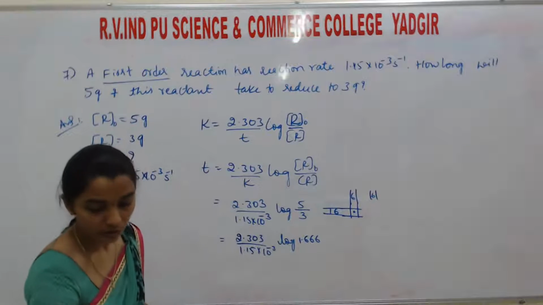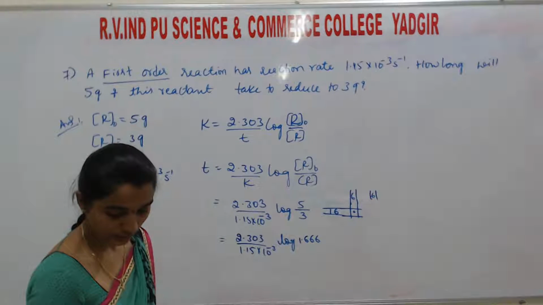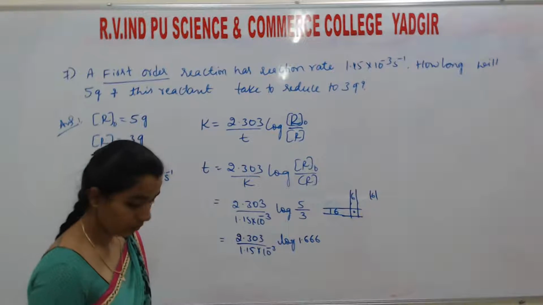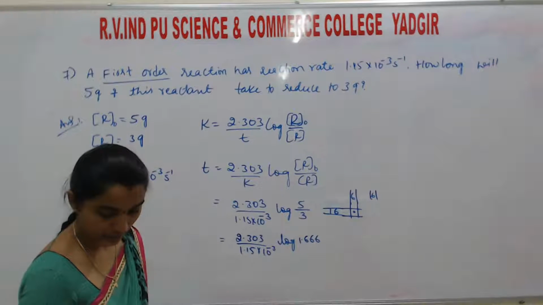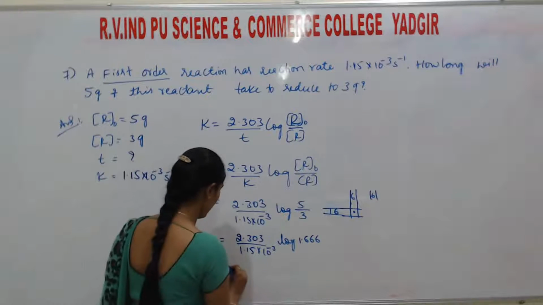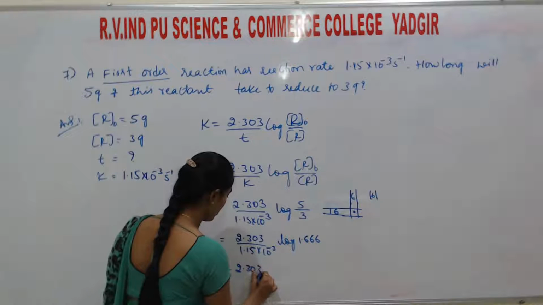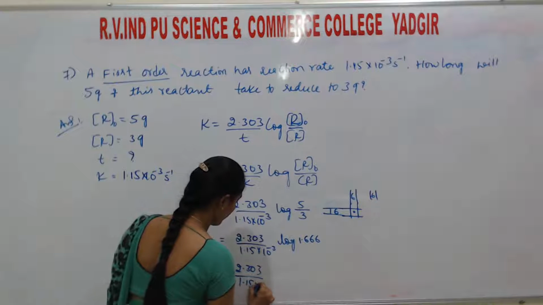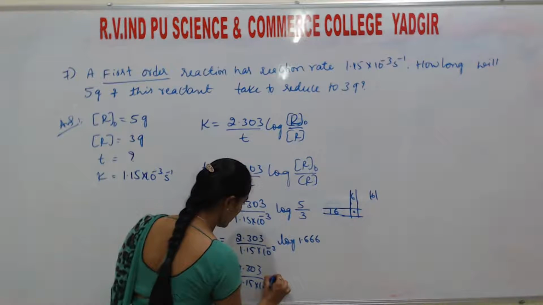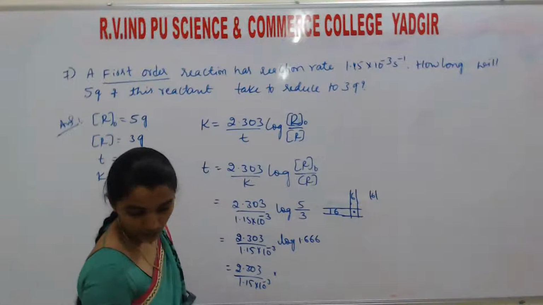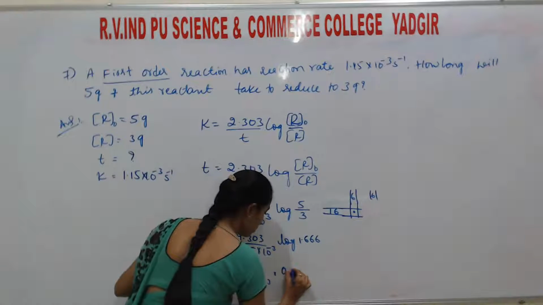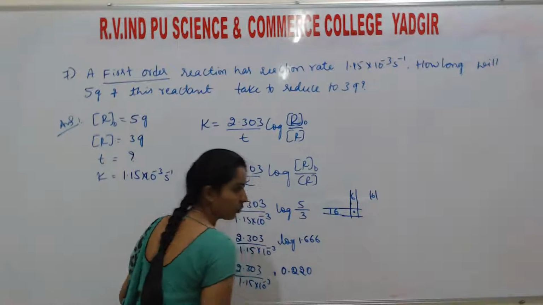Okay. So the log of 1.66 will be 2.303 by 1.15 into 10 to the power of minus 3 into the value 0.220.